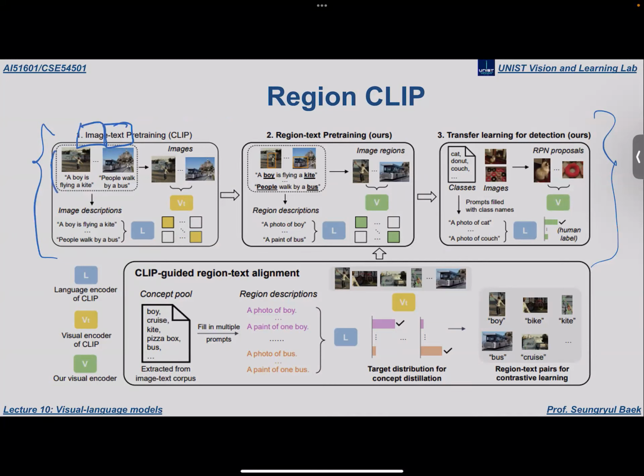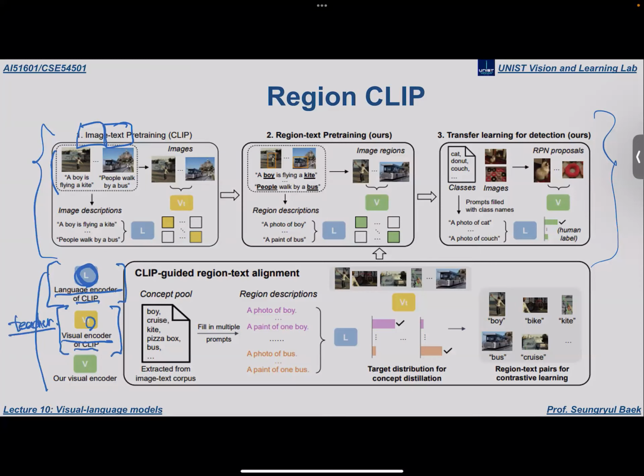Before that, I have to explain this. L denotes the text encoder of the original CLIP, and V_T denotes the image encoder of CLIP. This T denotes the teacher, maybe.